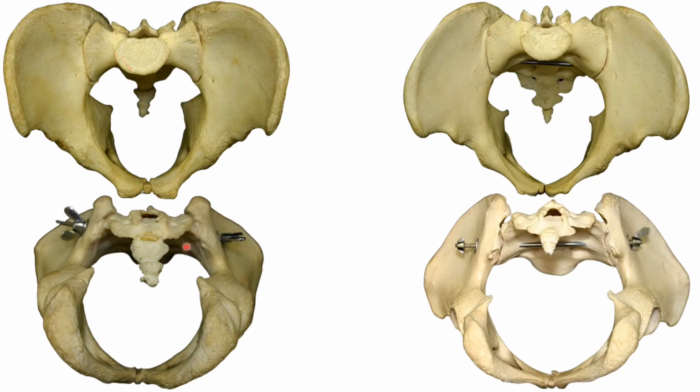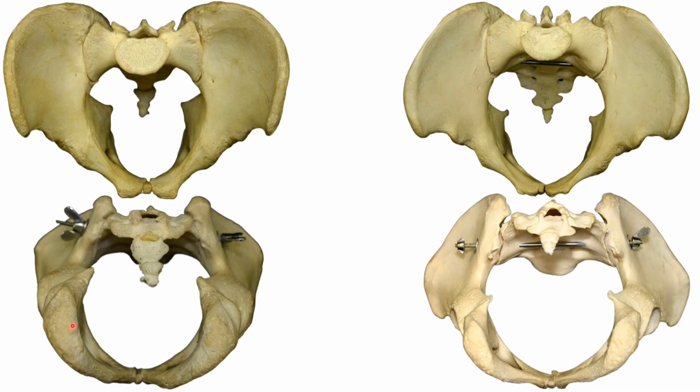Pelvic outlet is comparatively smaller in case of male, whereas it is comparatively larger in case of female. Sacrum is longer and narrower in case of male, whereas sacrum is shorter and wider in case of female.